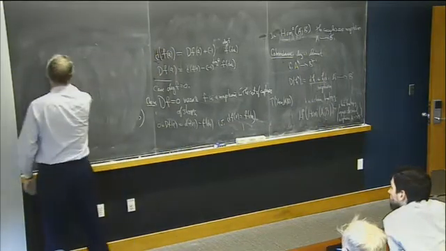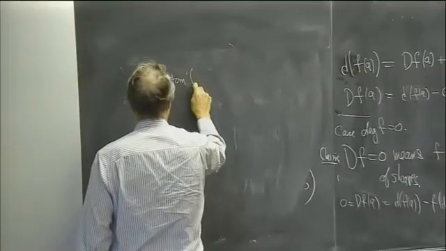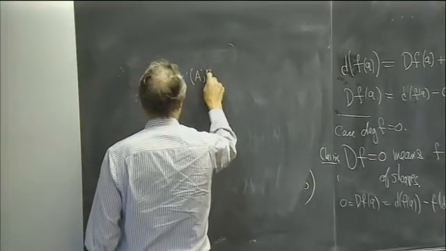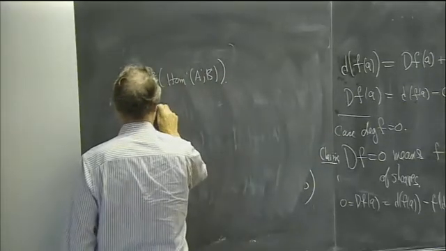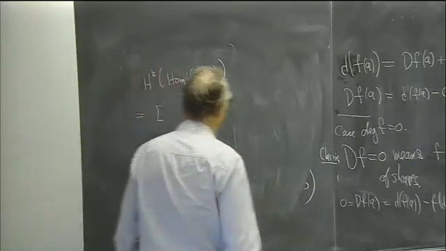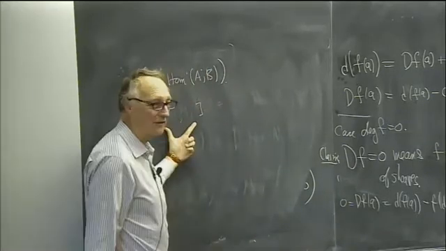What is H^K of Hom(A, B)? Well, this is simply the homotopy classes. So I'm going to use this notation for chain homotopy classes of morphisms.